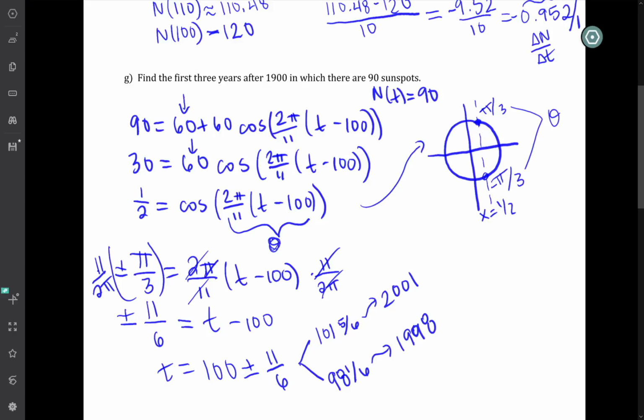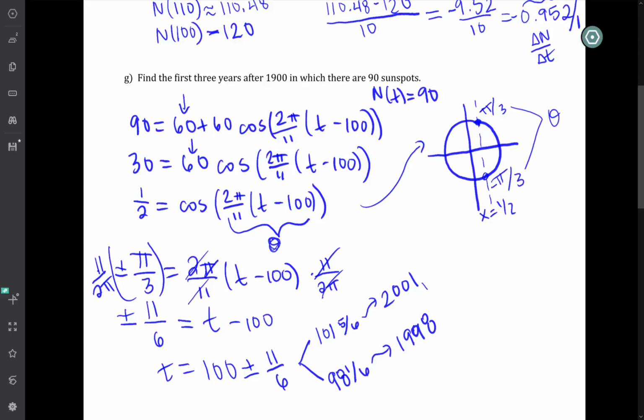The question says in which years, so I'm not worried about whether it's the beginning or the end, so I'm just going to keep this. And I'm still not quite done, lots to think about in this one. That's great, that's 2 times when there will be 90 sunspots, but I was asked for the first 3 times after 1900, so now I have to go back to that thing I was doing, where 2001 is fine, but I need to work my way backwards.